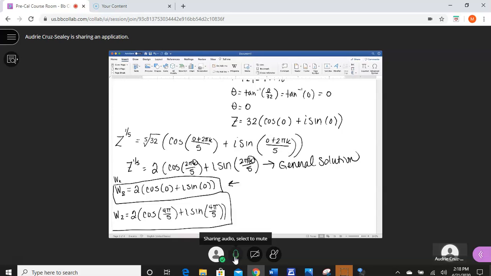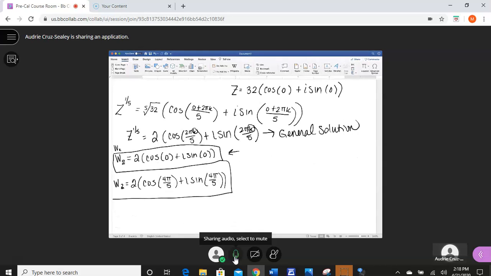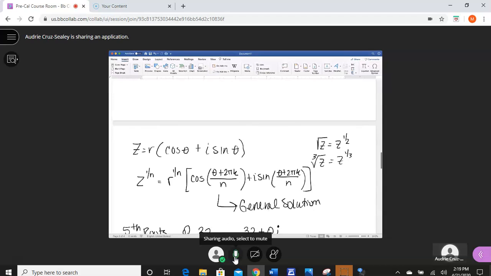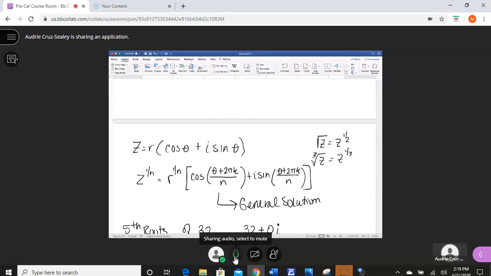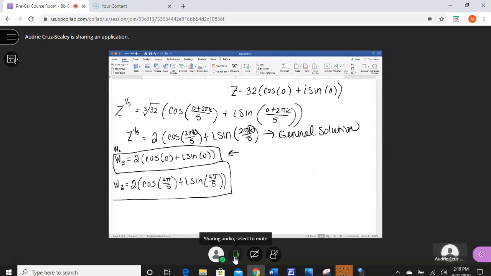This one is asking for W of 2, so that means k is 2. So I put 2 in for k, simplified it, and I got this answer. Remember how I told you over here that this is a general solution, and you can come up with particular solutions. So I'm giving you examples of how you can come up with particular solutions.